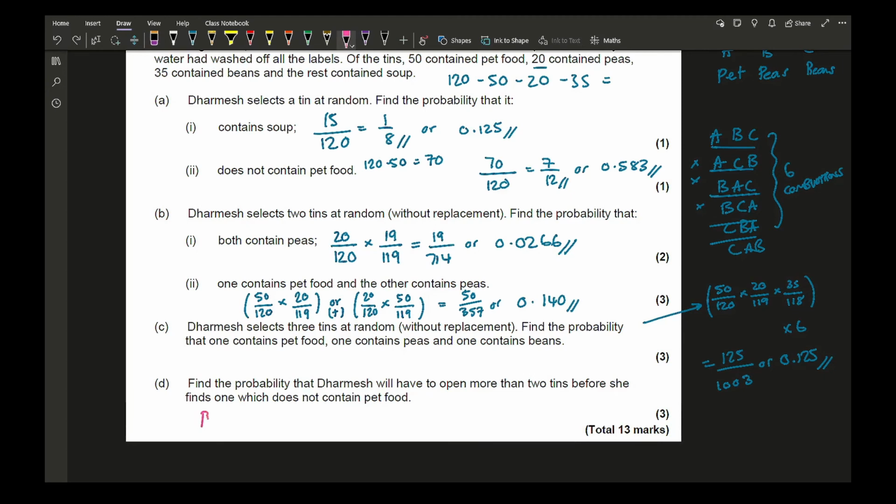So basically what this question is asking for is the probability of getting a pet can, or tin I should say, and another pet tin. So that's going to be 50 over 120 multiplied by 49 over 119, which gives me 35 over 204, or I could write it as a decimal as 0.172 to 3 decimal places.